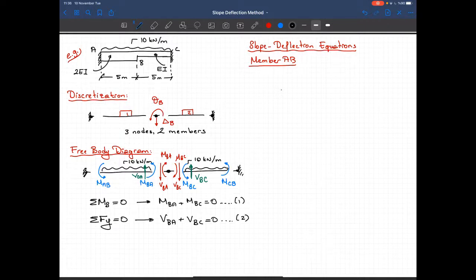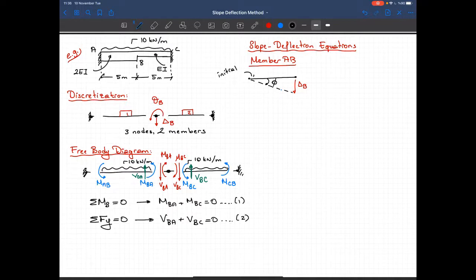So as a starting point, this is member AB, that's the initial undeformed. And according to our definition here, we say that this point will move in the downward direction, because this is the direction of my degree of freedom. So I'm saying that this is equal to delta B, and according to that definition, I don't have any translation here. The chord rotation is this one, and the angle for the chord rotation is as follows.